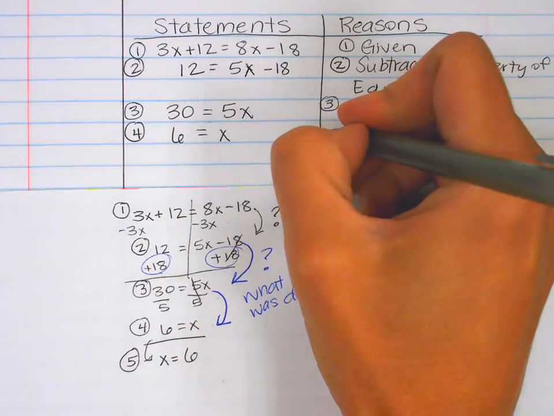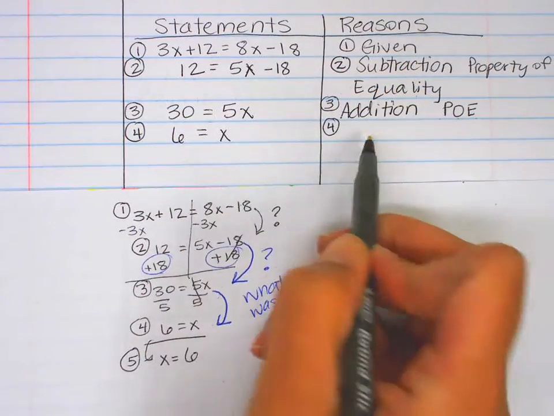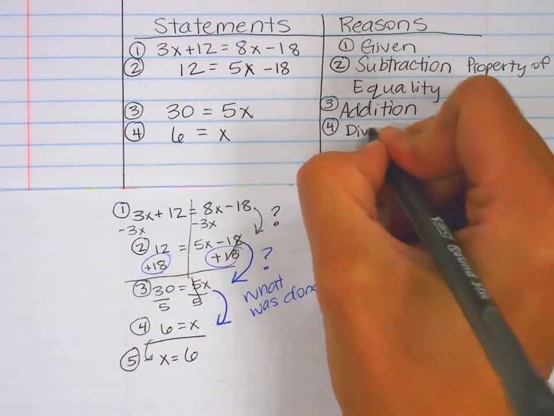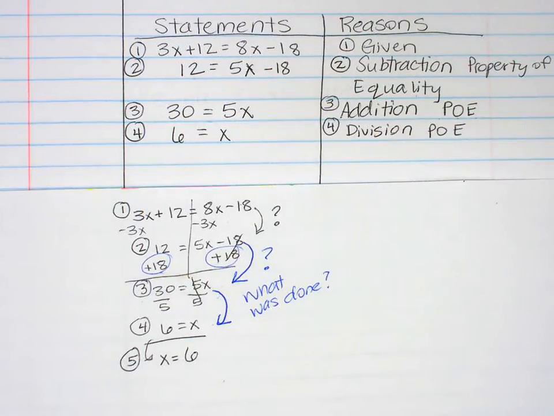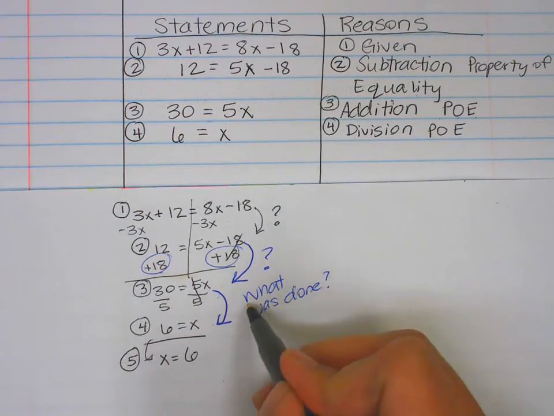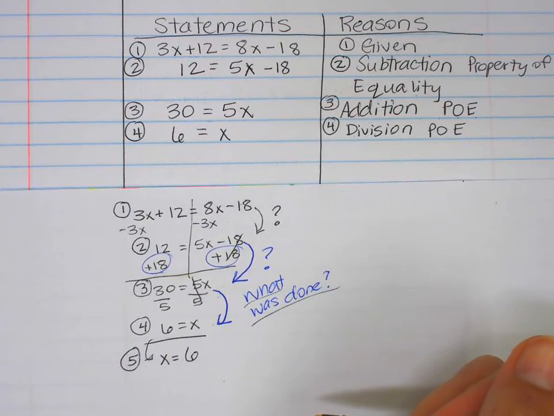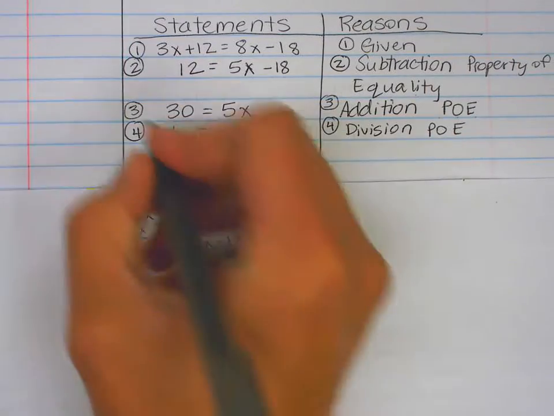So my reason number 4, and I always want to number it and have it lined up across. What was done? Well, division by 5. Division, POE. So you just have to ask yourself, what was done? Addition, subtraction, division, maybe it was distributed. Not on this problem, but in other problems, that's what you're asking.